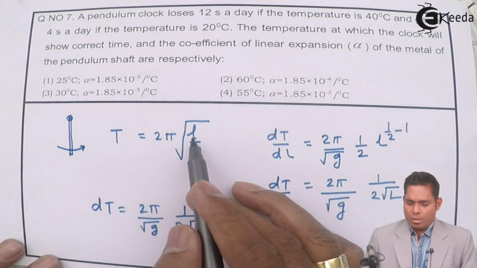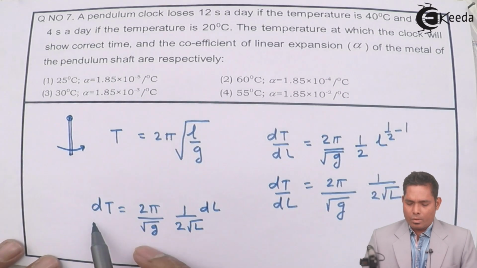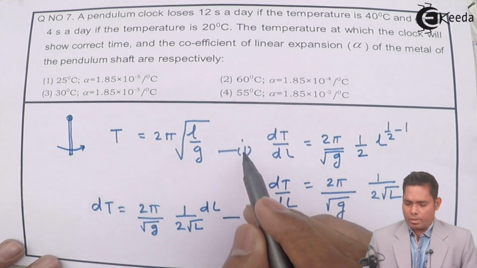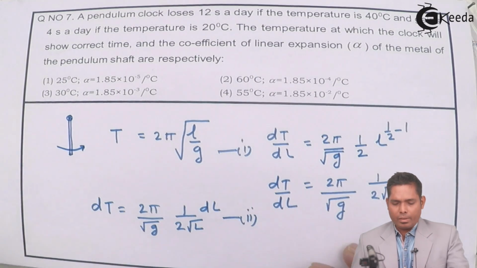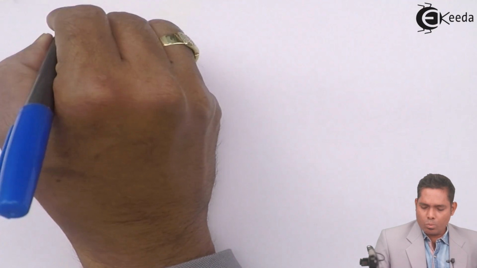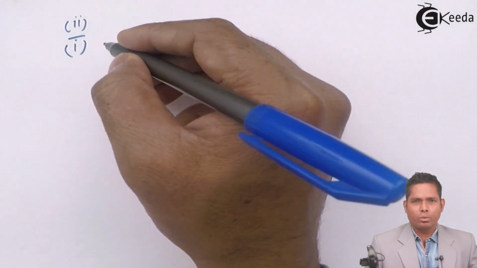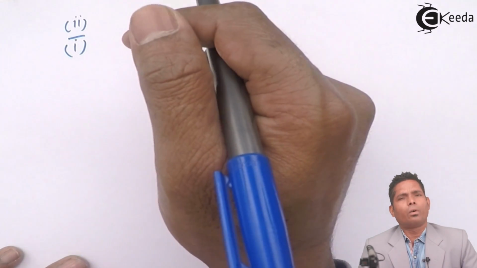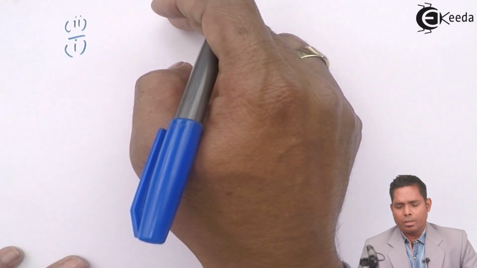Suppose this is equation 1 and this is equation 2. If I divide equation 2 by equation 1, I am basically deriving the formula that we are going to use for the calculation of the time.